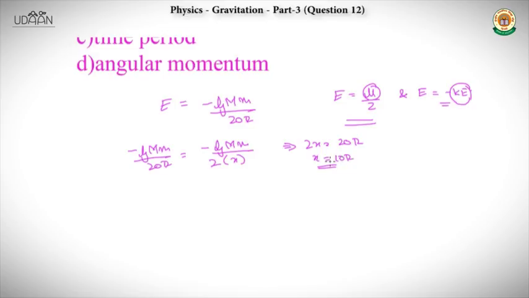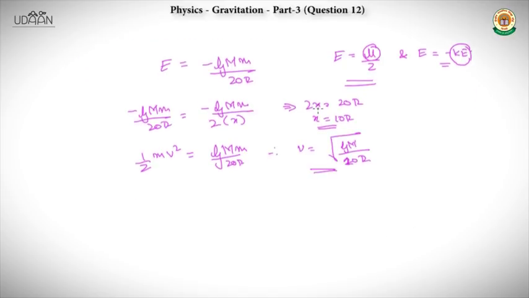This is the first piece of information. The second piece of information is with the kinetic energy: half m v square would be equal to GM upon 20r. So velocity would be equal to under root GM upon 10r. So we have our velocity and the distance from the center.